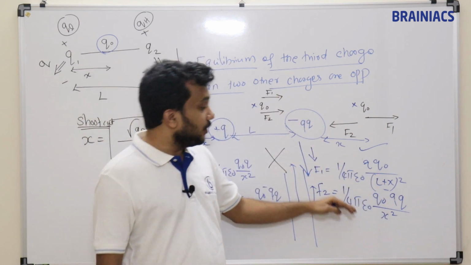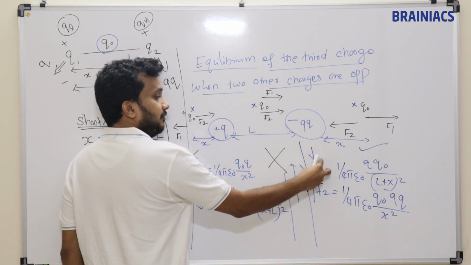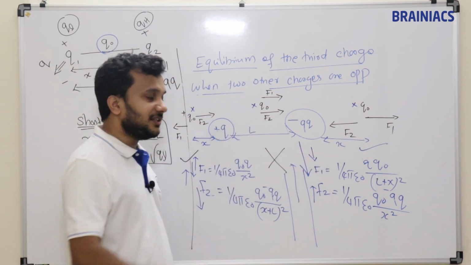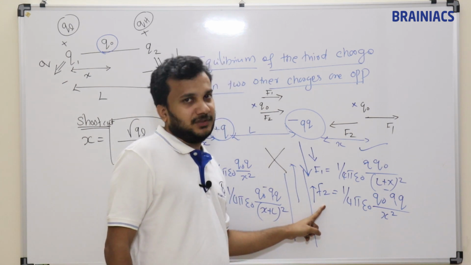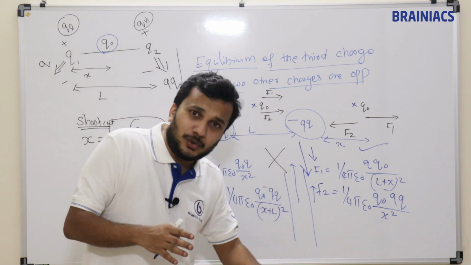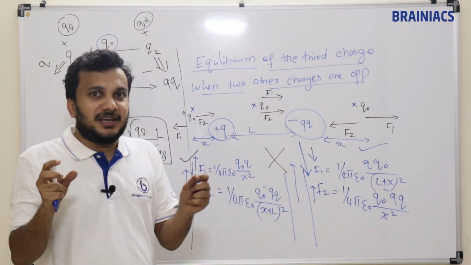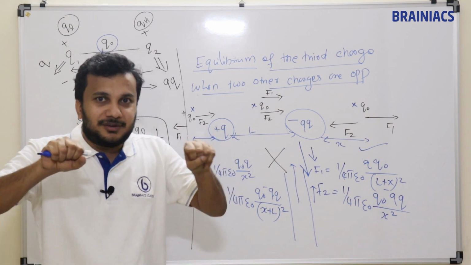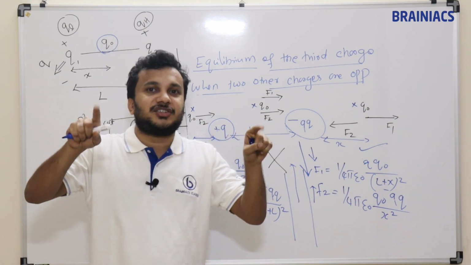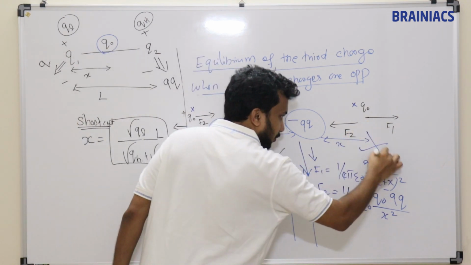Numerator is higher, so F2 is further higher. So a very low value of F1 will never cancel with a very high value of F2. Both will never cancel because one is too low, one is too high. That will cancel? No chances. If both are some reasonable value and if both are acting in opposite directions, there is a chance of cancellation. Now whatever I have given a tick, I am crossing this one.